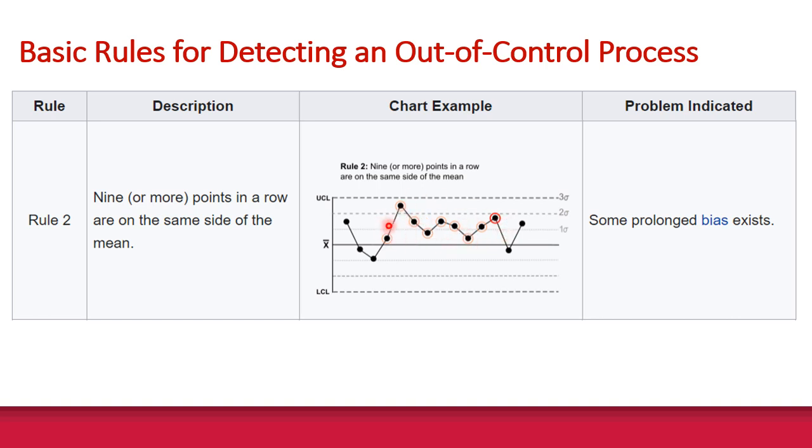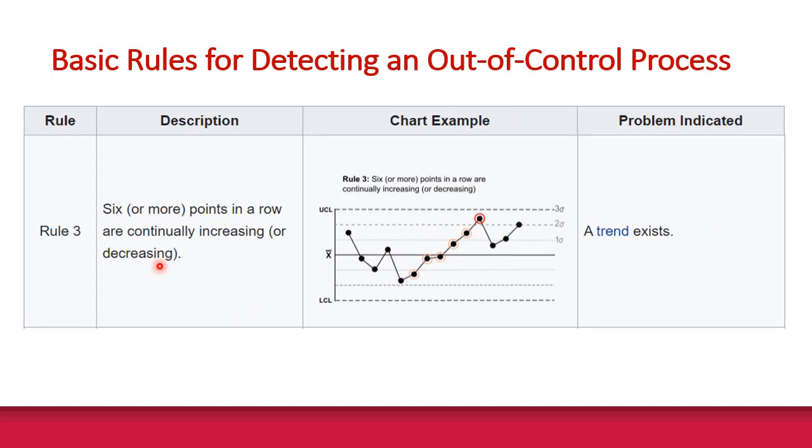Maybe a new operator has come on board. Maybe the machine's starting to wear out. All kinds of things can cause this, but there's obviously some reason causing it. This is not natural variation. So what should you do? You should investigate and see if you can figure out exactly what's causing this situation.